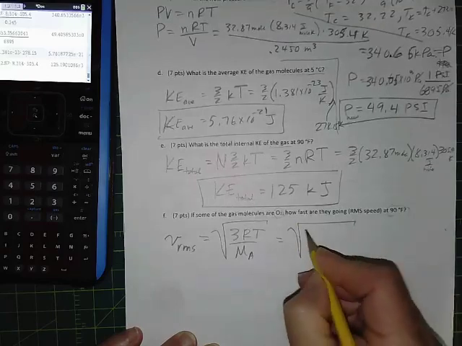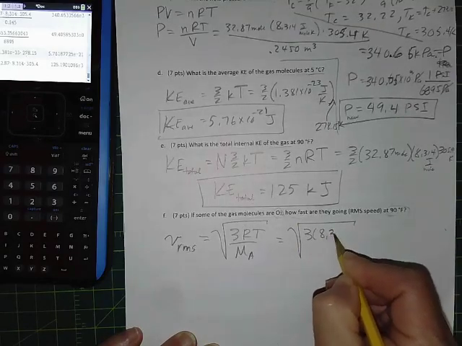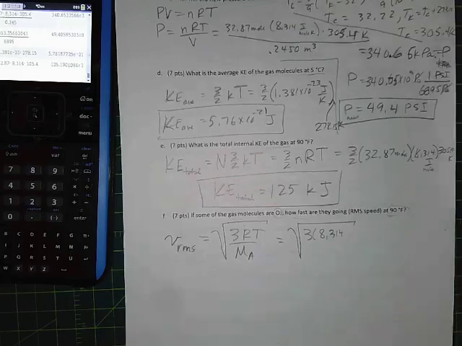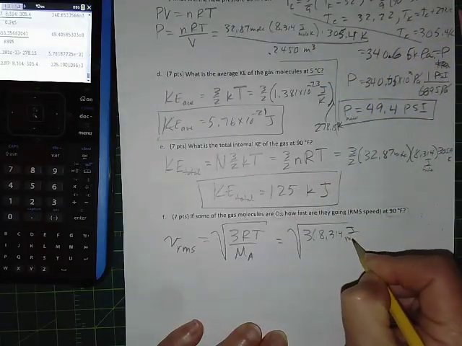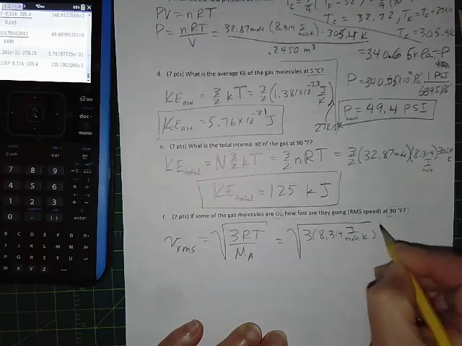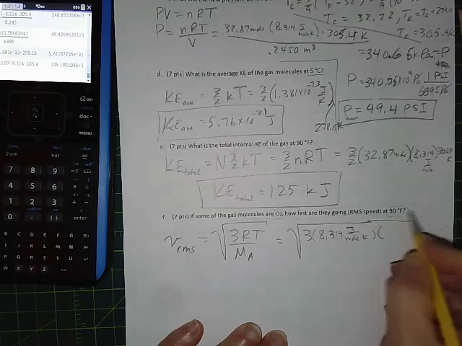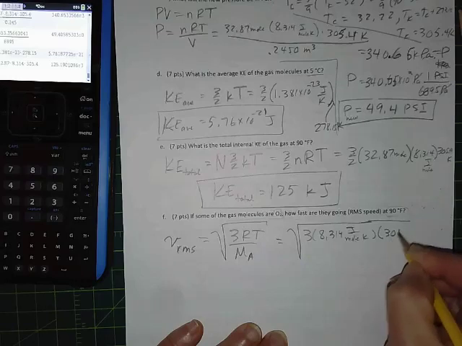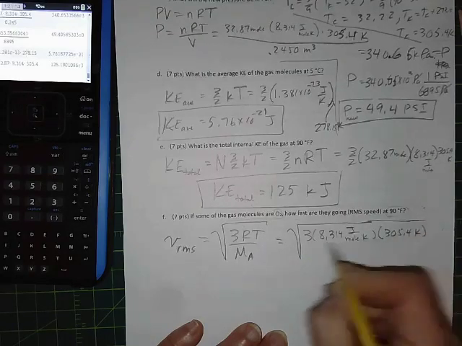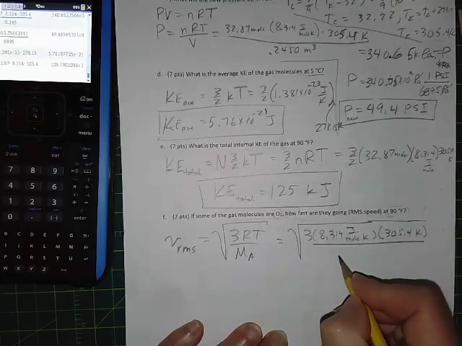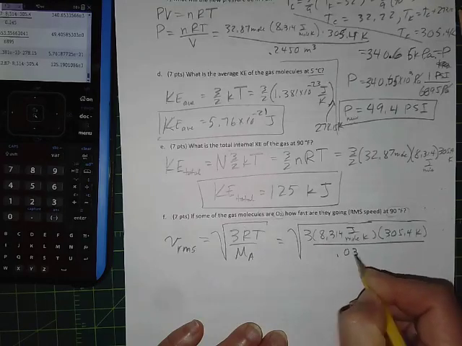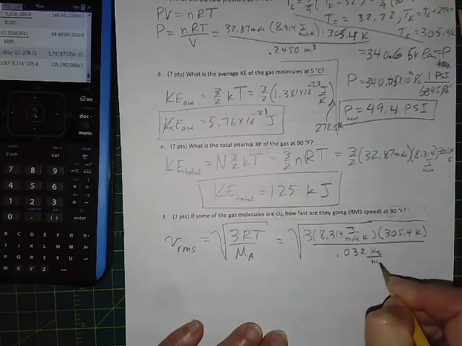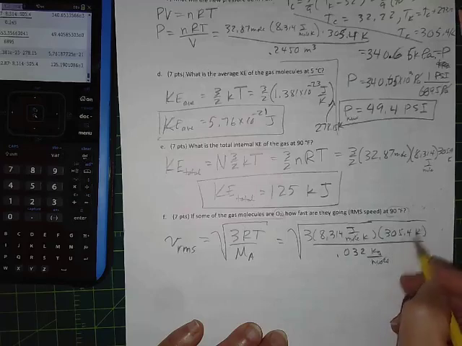So we've got 3. R is 8.314 joules per mole Kelvin. And then the temperature at 90 in Kelvin, 305.4 Kelvin. And the molar mass of oxygen is 32 grams per mole, so 0.032 kilograms per mole. Alright, so the moles cancel, the K's cancel.